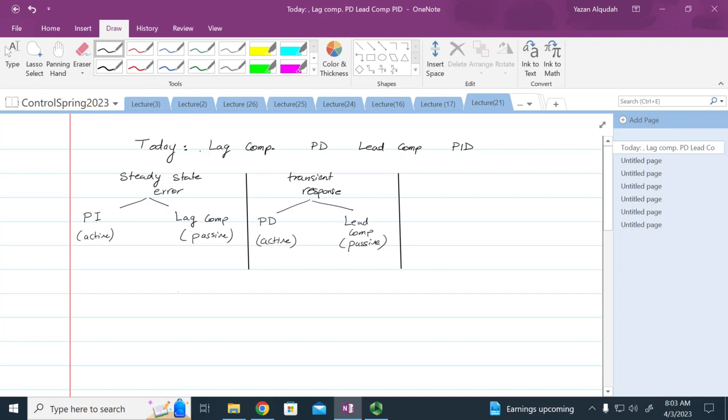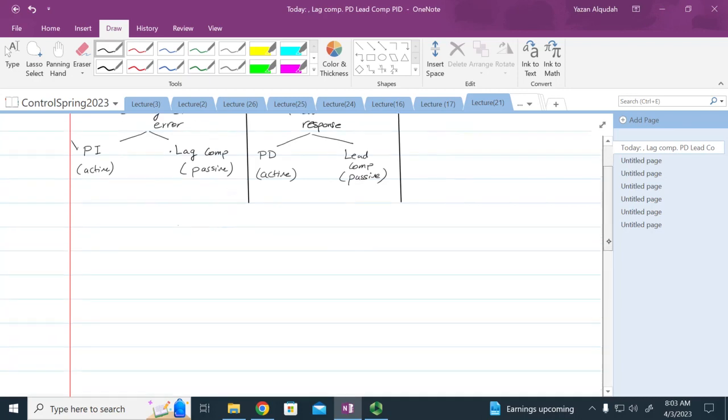Okay, so with that, we can look at the next compensator. In the previous class, we looked at the PI controller. Now we're going to look at the lag compensator.